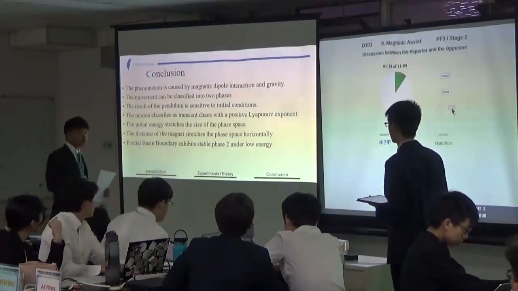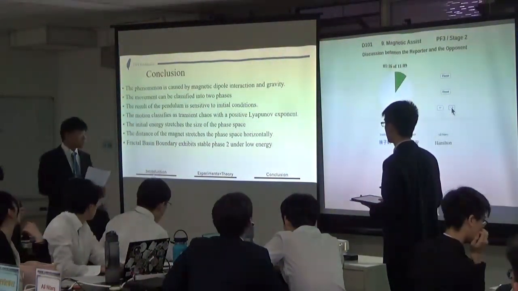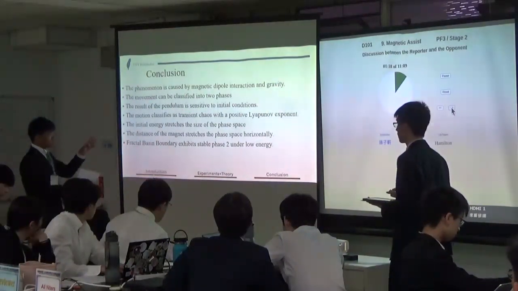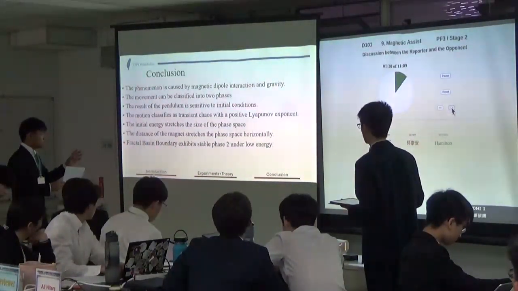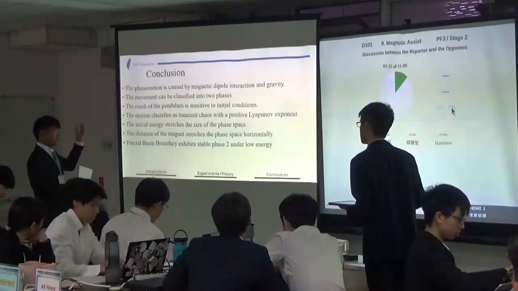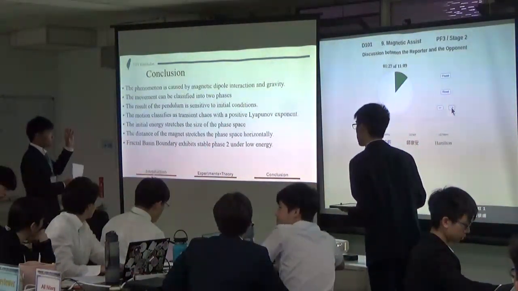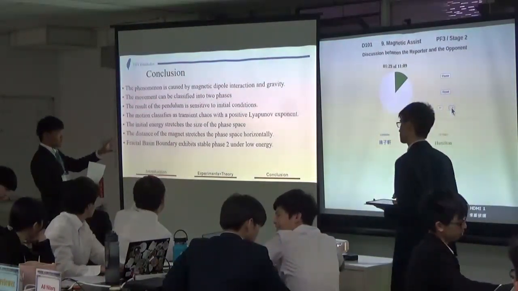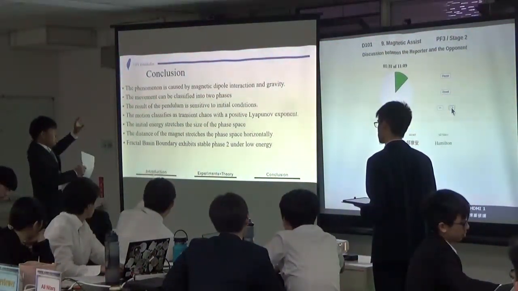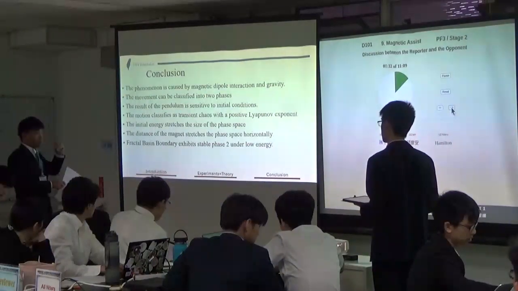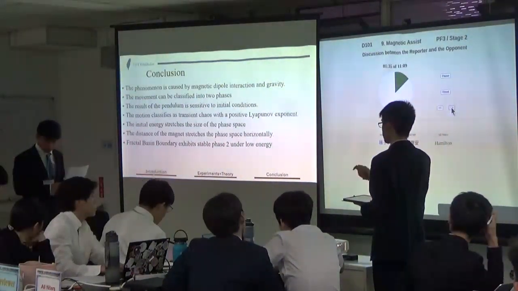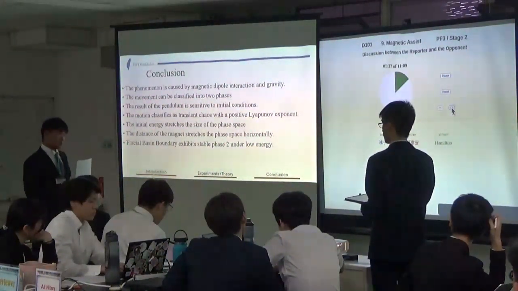I'm curious about that. Actually, what low energy means is that when we release the pendulum, it has a potential energy, right? And so we compare the energy at different heights we release from. So we have a different initial potential energy.